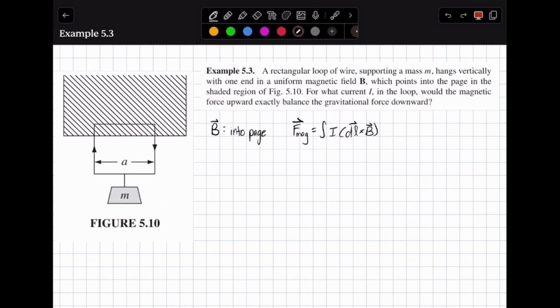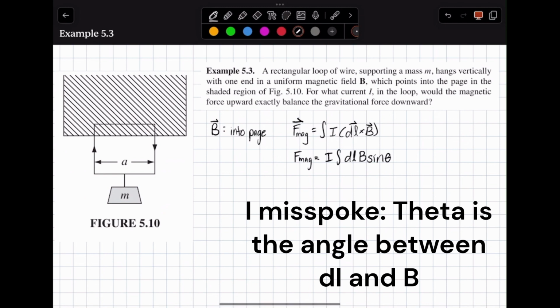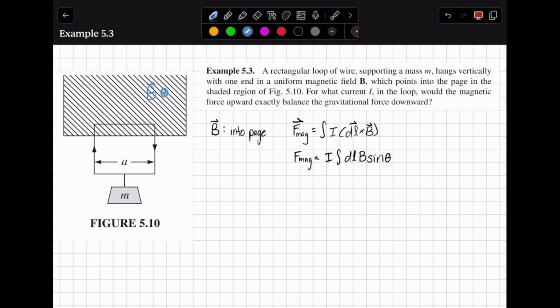I'm going to simplify this equation on the right and change it into the magnitude of the force by using this definition of the cross product. We have dl times B times sine theta, where theta is the angle between B and dl. Like I said previously, B is into the page.